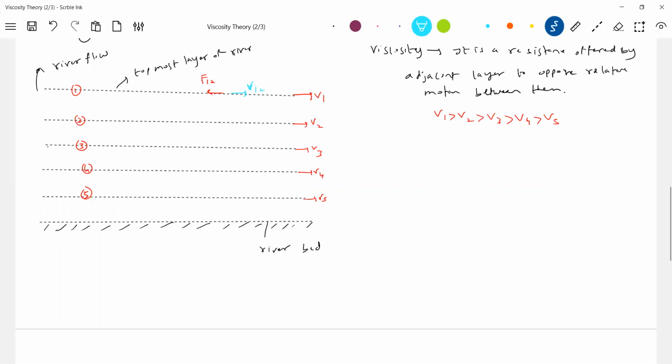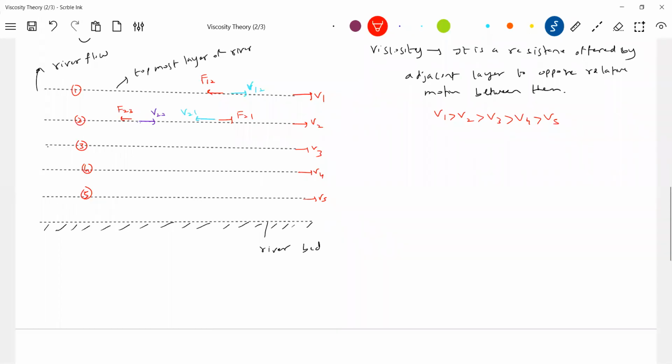I have to show the layers, no? Okay, it will come here. Then in what direction is F21? Opposite to that, so here F21. Similarly, V23 will be in this direction, and the viscous drag is F23.